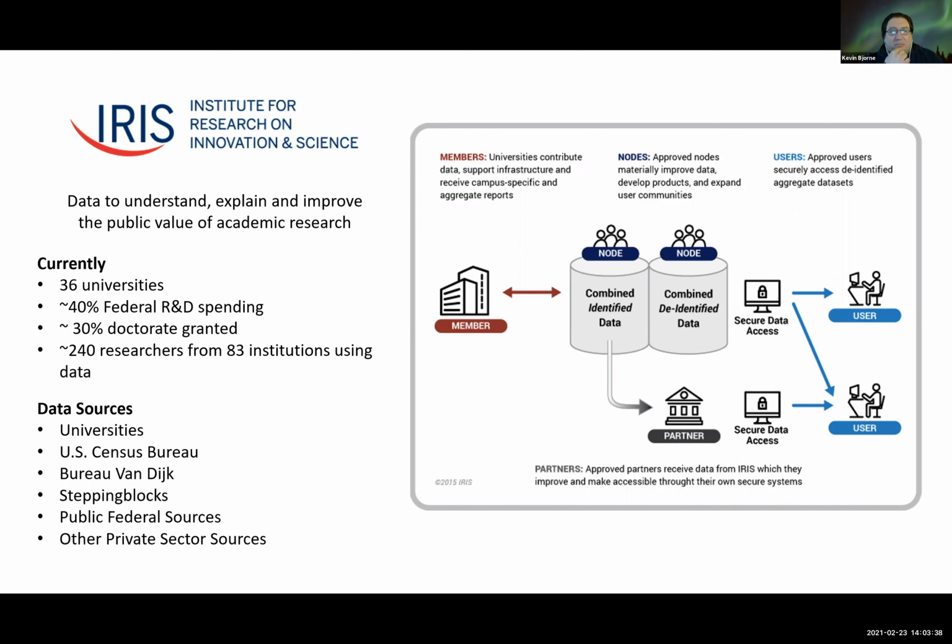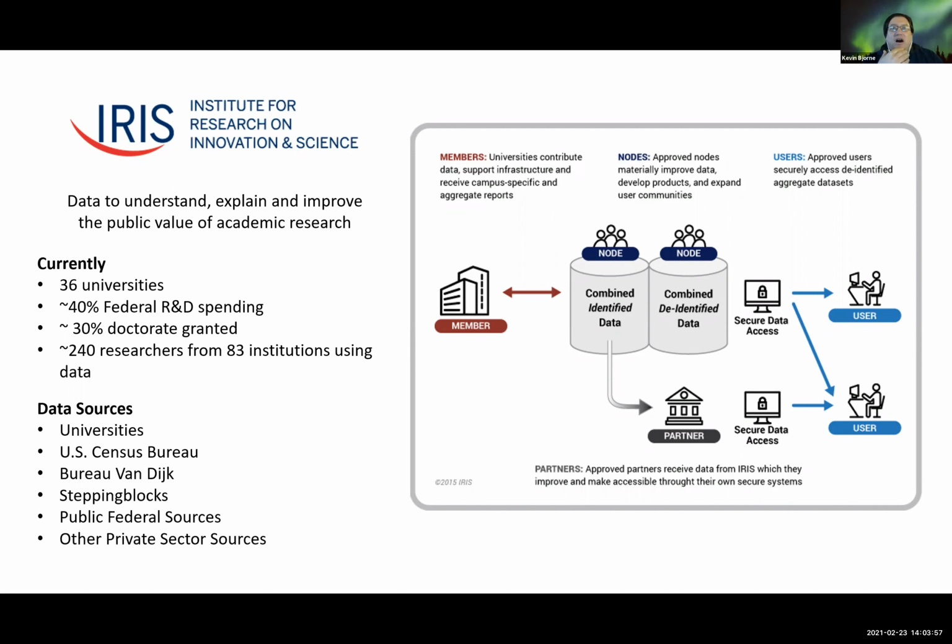So the chief director here at IRIS, Jason Owen Smith, often says that there's a challenge in explaining to the public what is the value of the money that's being spent on scientific research. What does the public get from that?